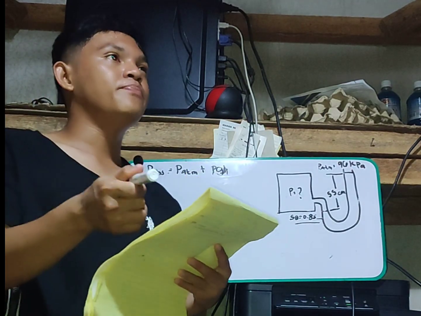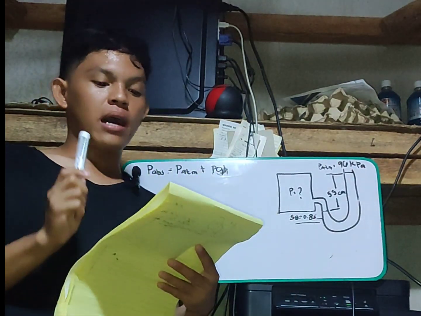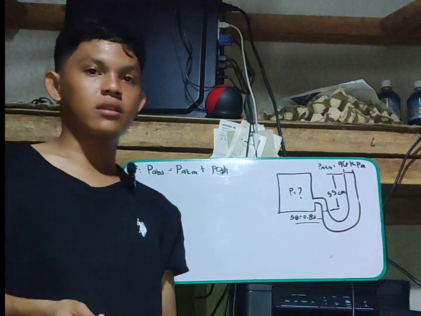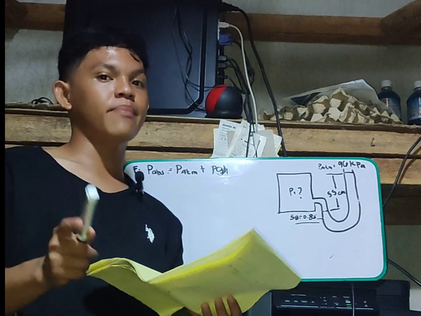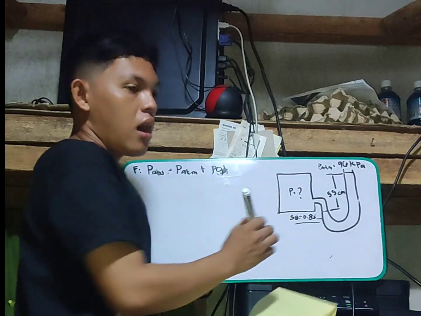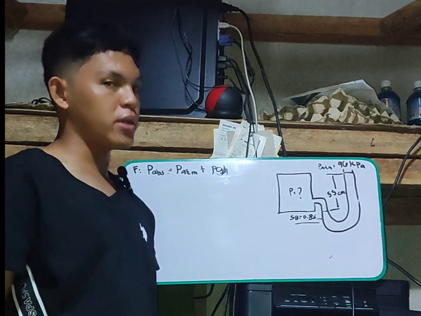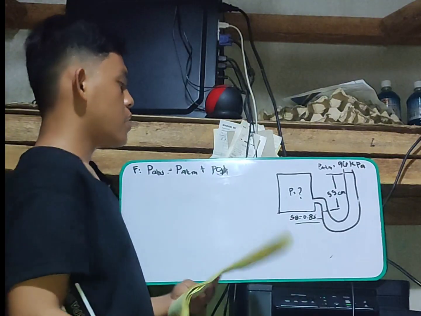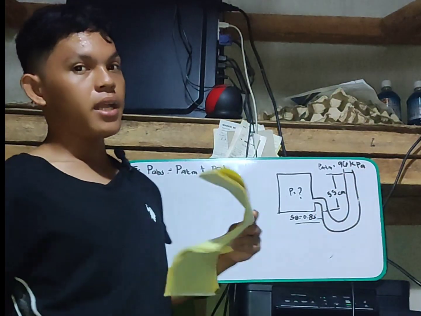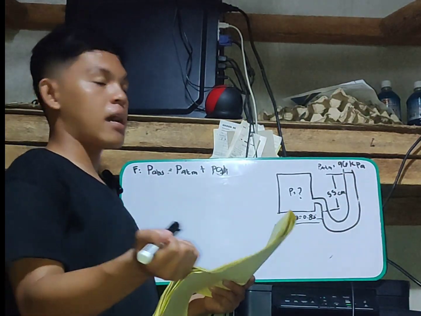So, dito sa problem na to, guys, take note that mag-focus kayo sa ang hahanapin natin, the absolute pressure. This is the absolute pressure, guys, ha? So, here is the structure, and focus tayo sa absolute pressure.